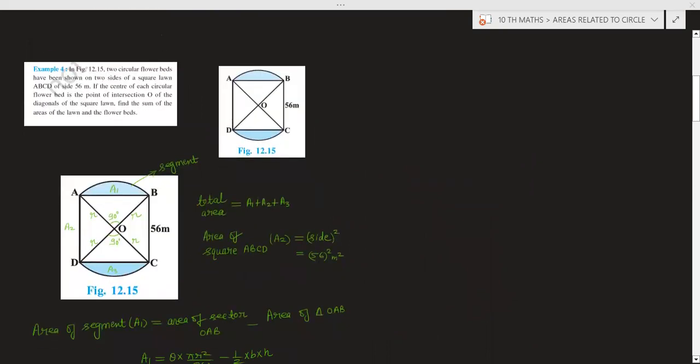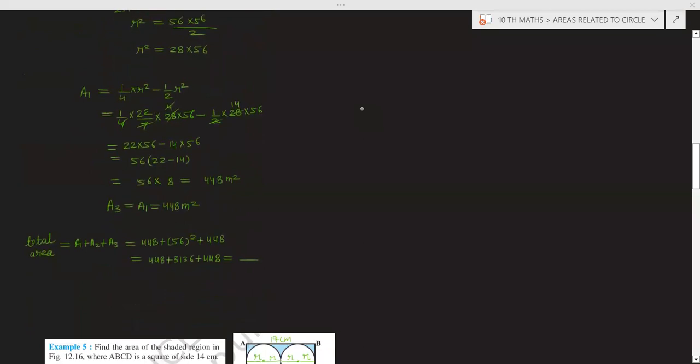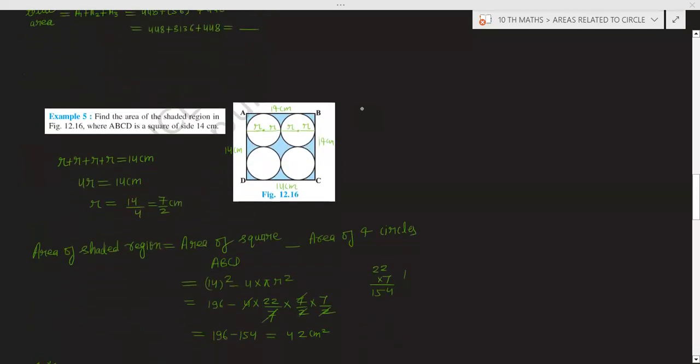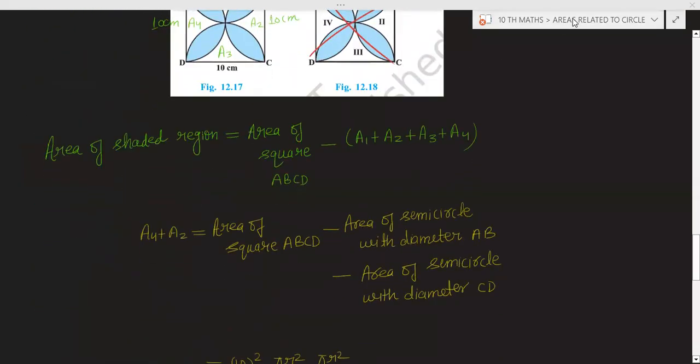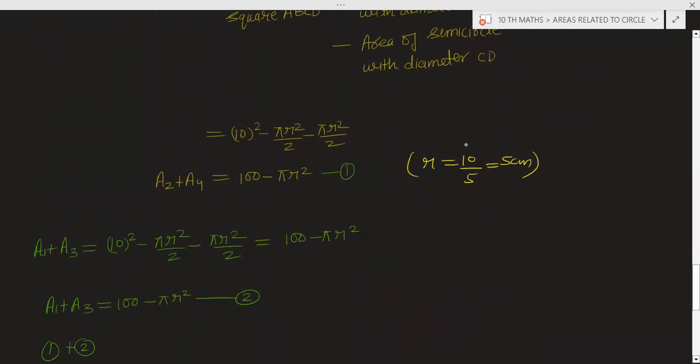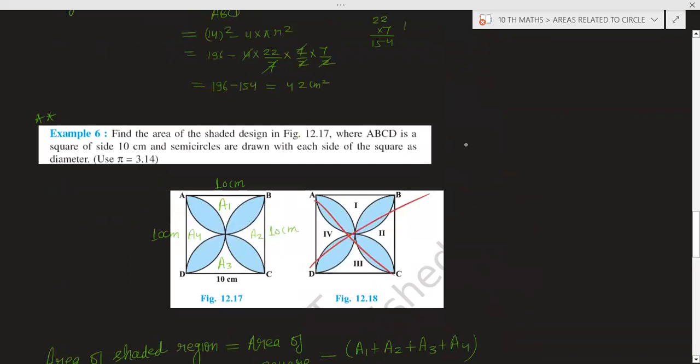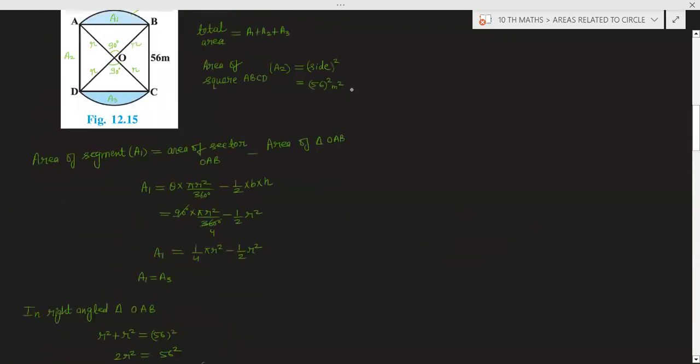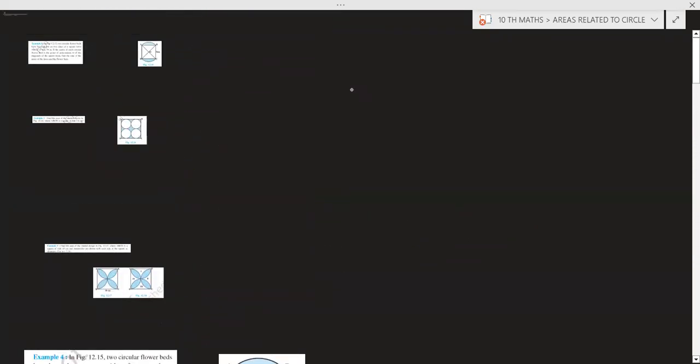Okay, so now we have done enough in this chapter. We will start the next chapter, and I have covered the examples. You should try the exercise of this chapter also, and if you have any doubt regarding any question in the exercise, you can ask me.